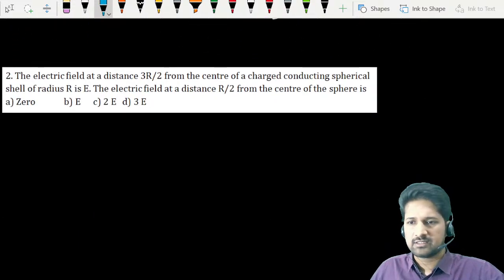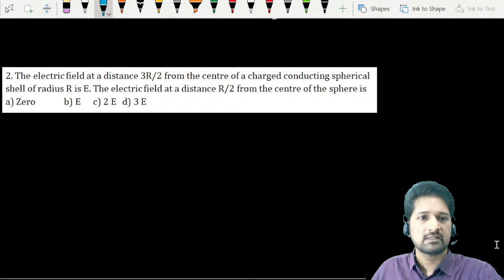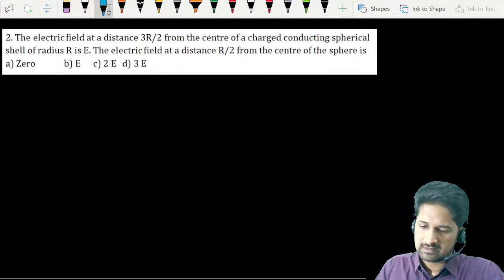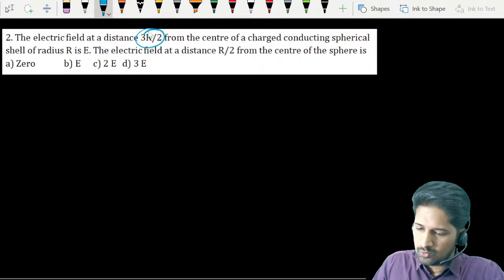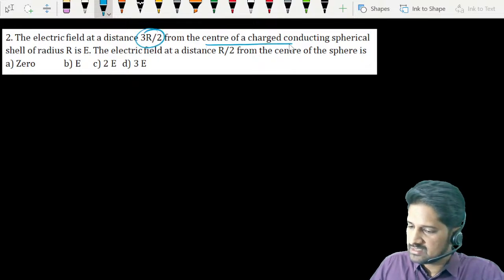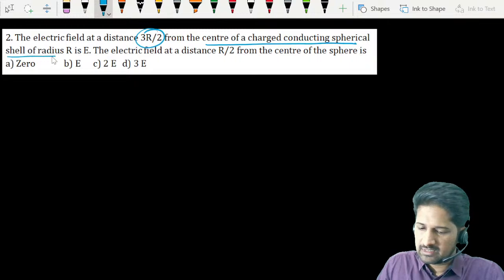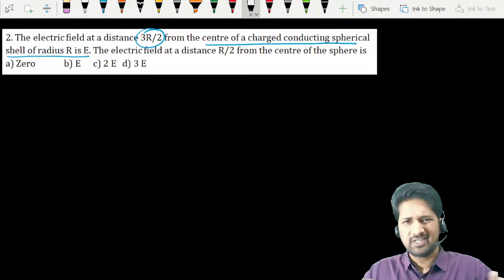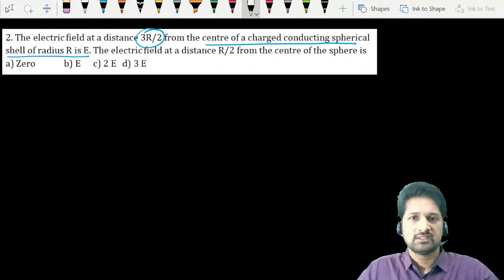Fine. The next question here says, it's about electric field. The electric field at a distance 3r by 2 from the center of a charged conducting spherical shell of radius r is E. When it comes to physics, you first need to visualize the situation before you start solving a problem.